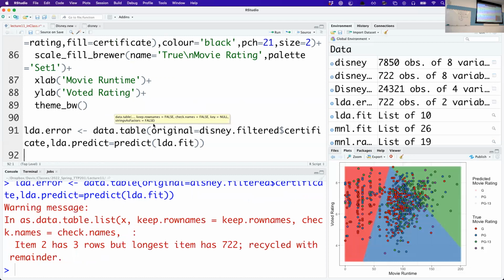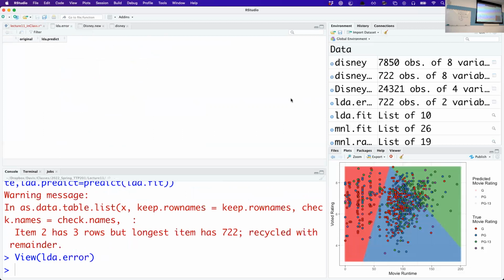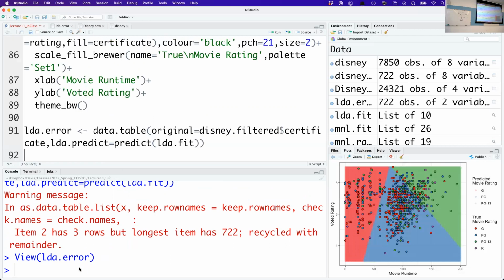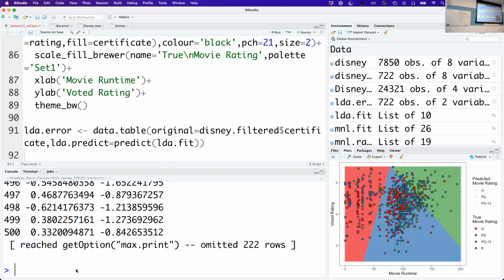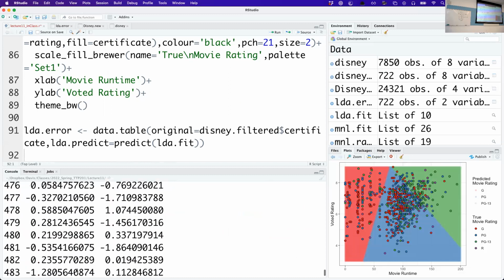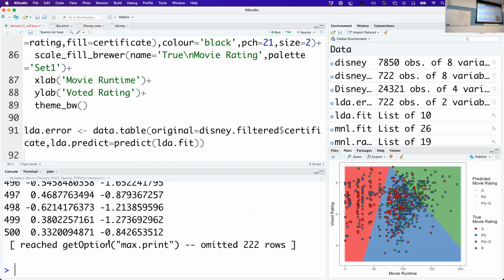Okay, what's wrong with this? Oh, yeah, that's why.